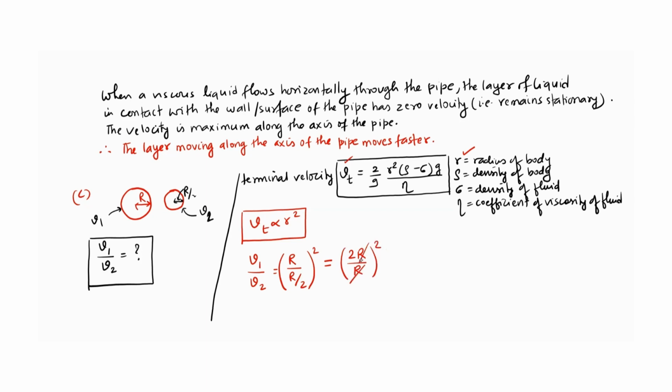Cancelling, we get 4 by 1. Therefore, the ratio of terminal velocity V1 to V2 equals 4 by 1.